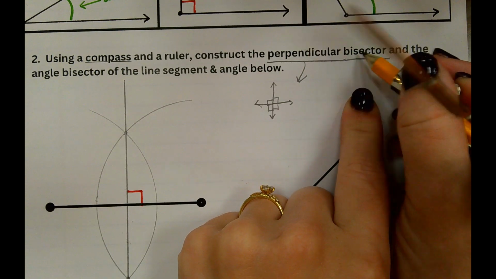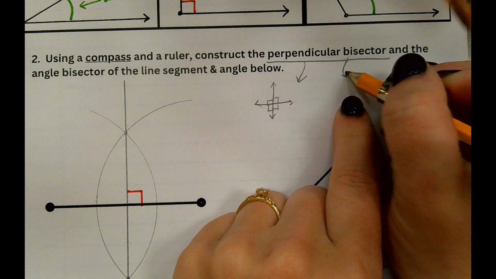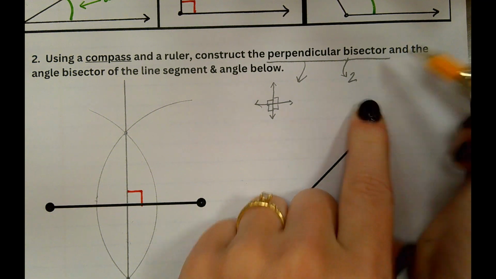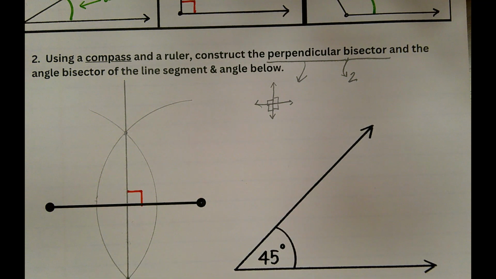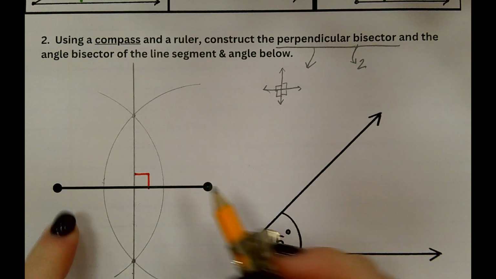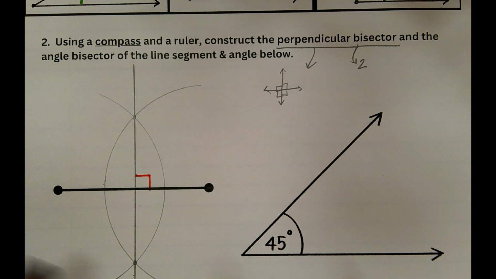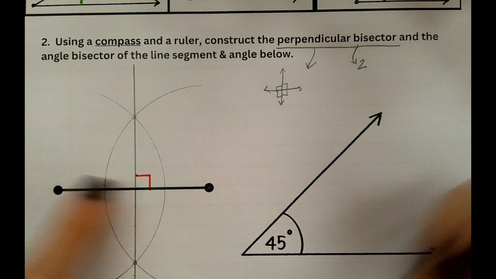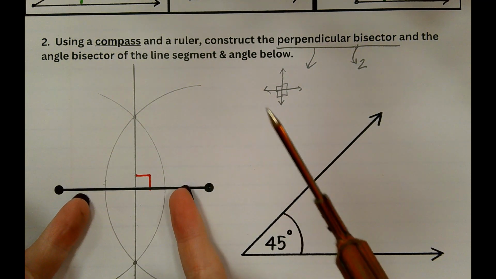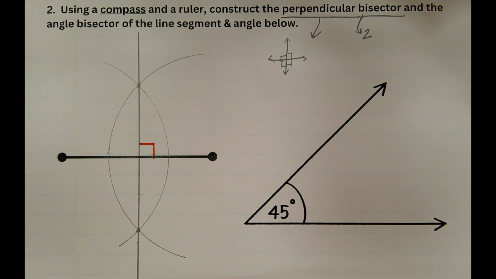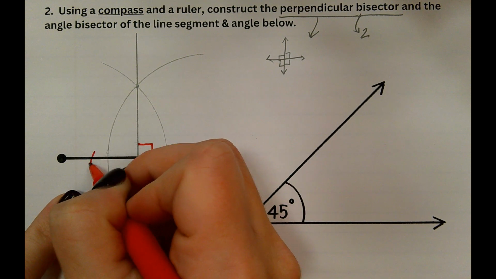So, bi means two. Sector is like sections. You're creating two sections, and those two sections are equal to each other. So, to show that these two parts are now equal, they're split perfectly in half, we use tick marks.